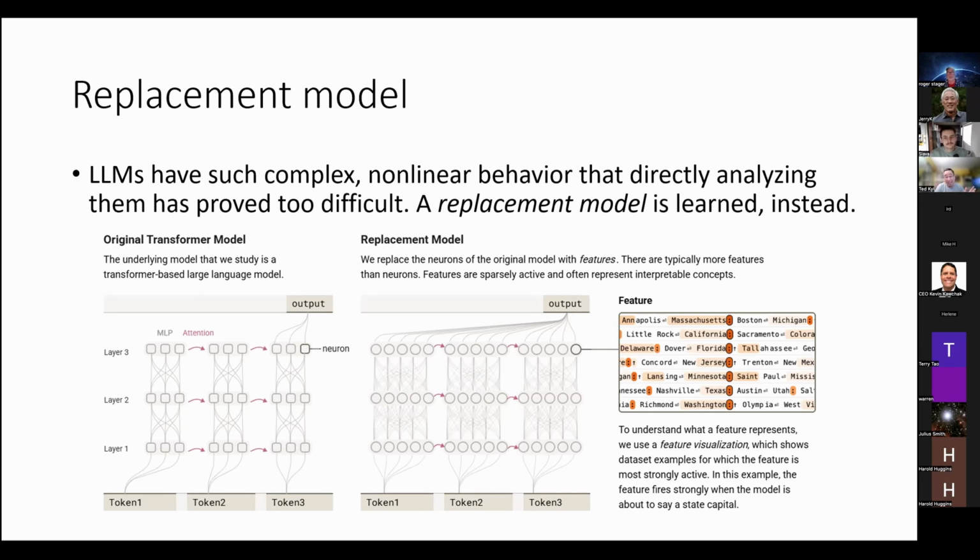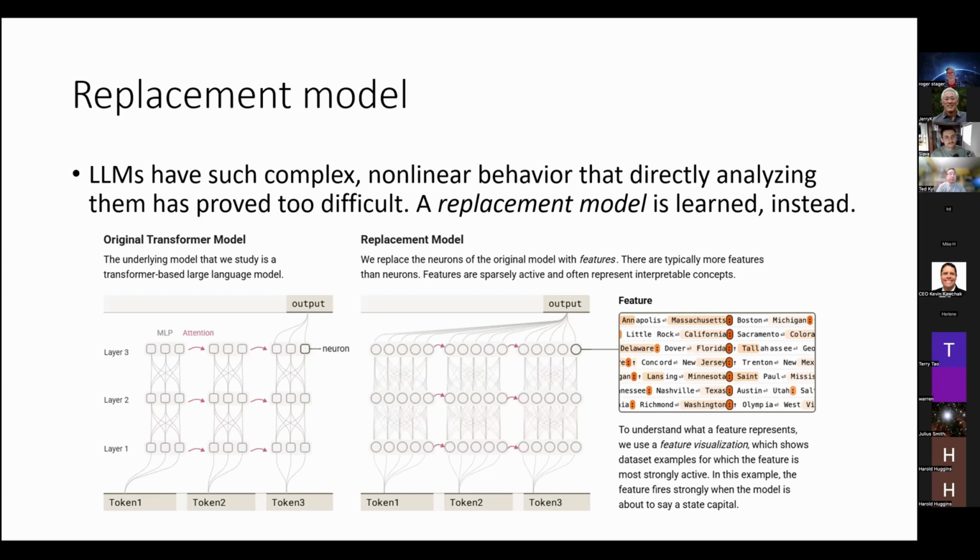And I'm assuming they had to work to find particular sentences where it was very clear what's going on. If you just picked a random sentence, it might not be at all obvious, even with this technique, what's going on.